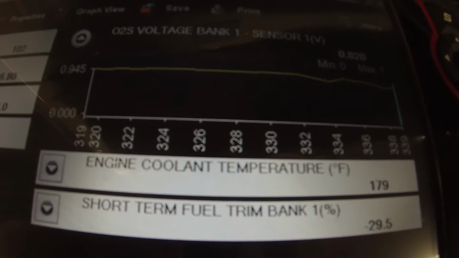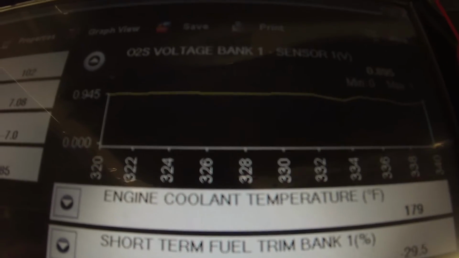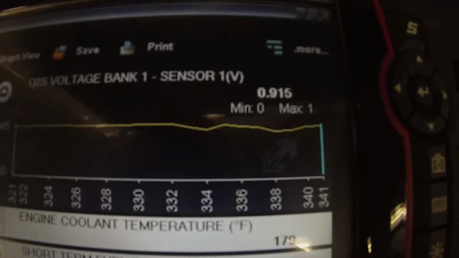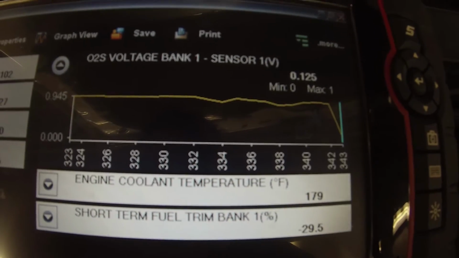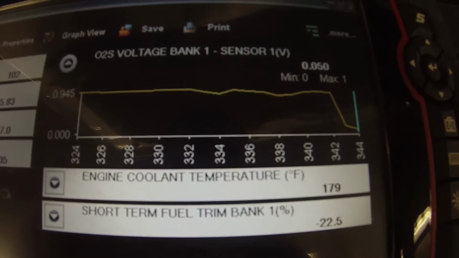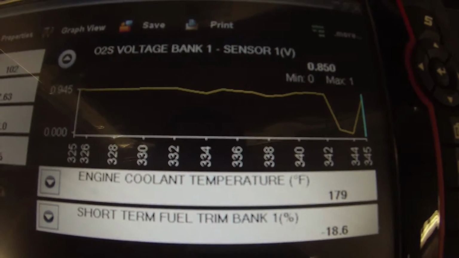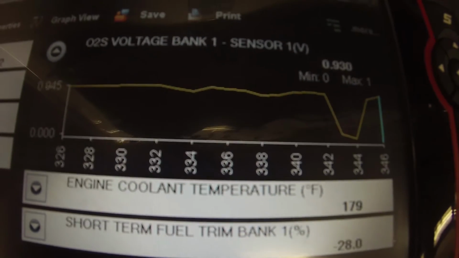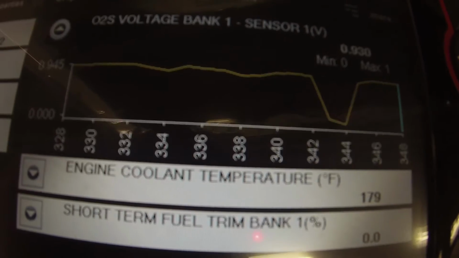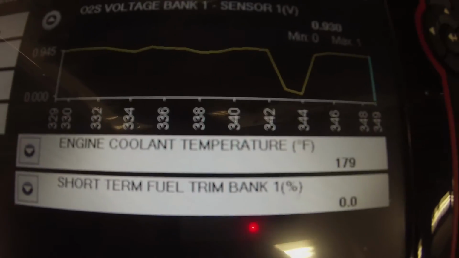Put this line back on. Short term's negative. O2 is fixed rich at 900 millivolts, and now it just dropped back down. This thing's jumping around.